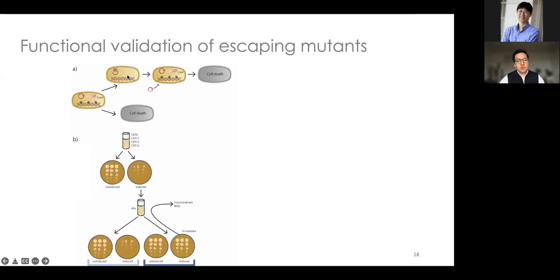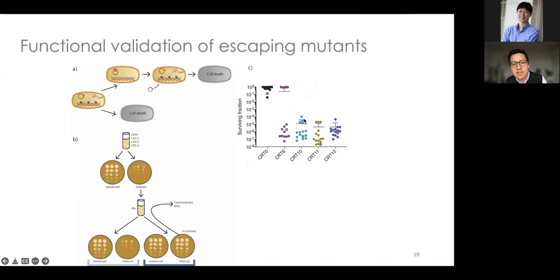So what we would do is that we would reintroduce a plasmid with an intact Cas9 and a different resistance marker to select only for that plasmid. And what we could see is that most of the cells became sensitive again. Sorry, only one of the targets did not become sensitive again, and this was a target that has a single cutting site.